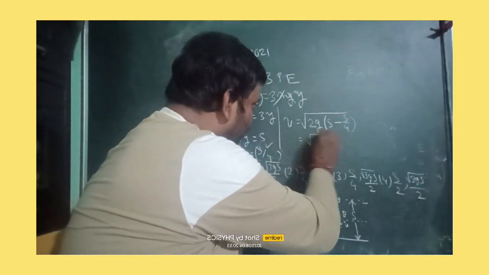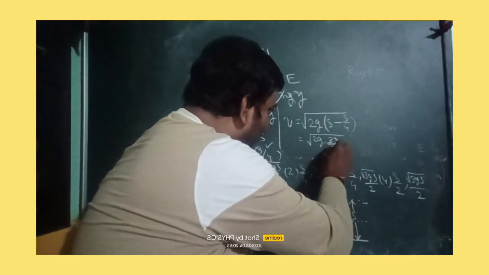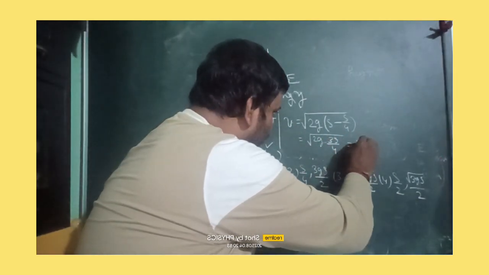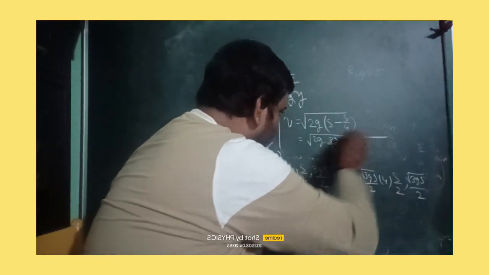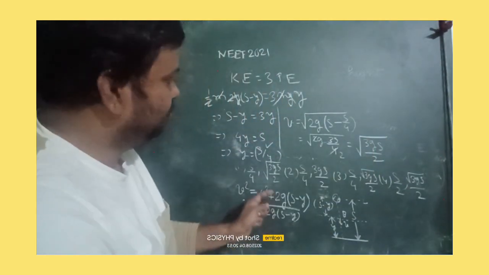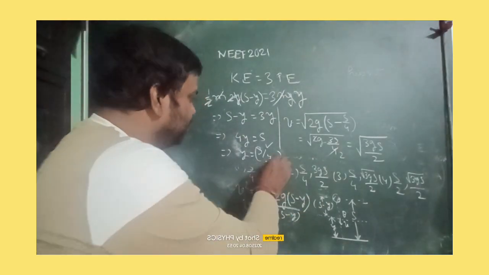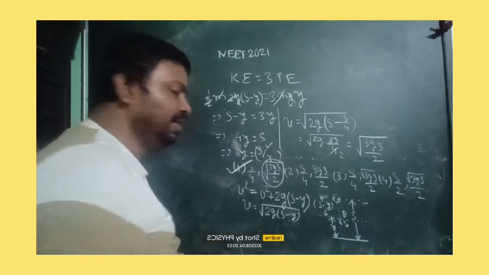That is equal to root under 2g into 3s by 4, which is equal to root under 3gs by 2. So the option 1 is correct.